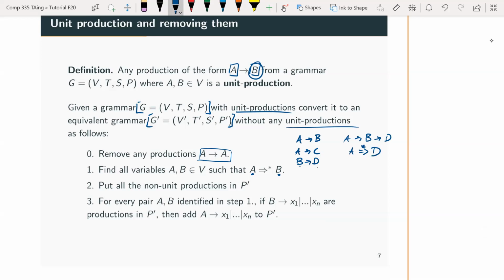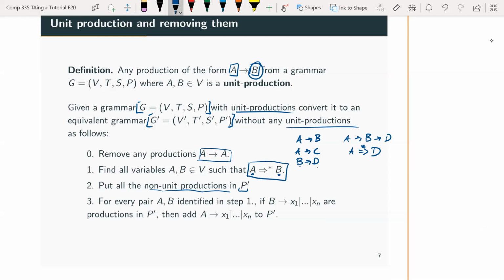So you identify all of those pairs, and then you put all of the production rules that do not have any unit productions in your new grammar G prime, or in your new set of production rules P prime, okay?